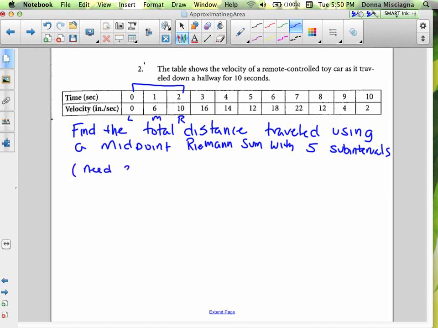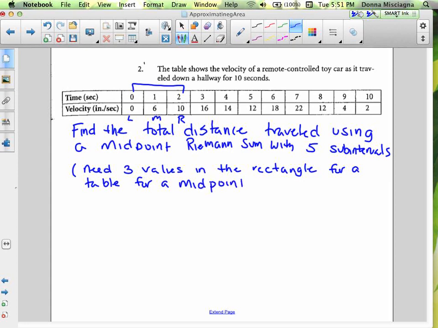Need 3 values in the rectangle for a table for a midpoint Riemann sum. If you don't have 3 values, who's in the middle? Right? So there's our first bar.